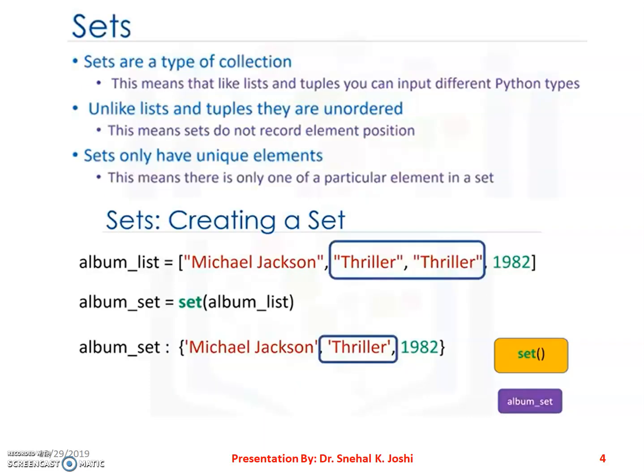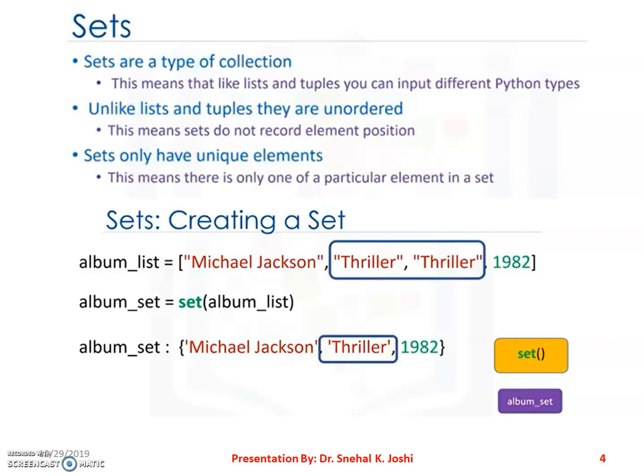Next important data structure is the set. Sets are basically a type of collection. It consists of similar types of elements. You cannot store heterogeneous types of data in this. So the set always contains similar types of data, basically.